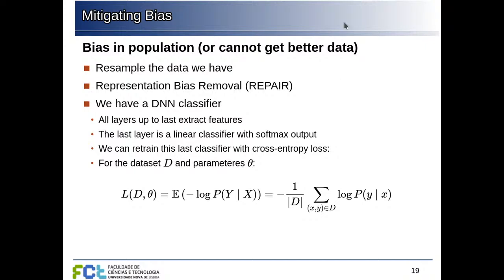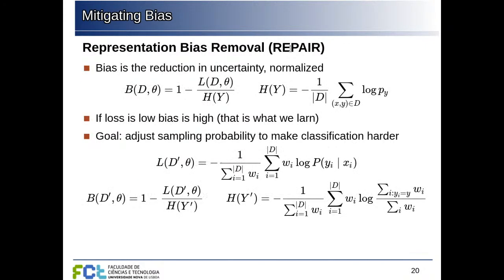But there is one additional thing that they want to cover, which is bias. As we saw, bias is whatever helps us classify and distinguish between different examples.